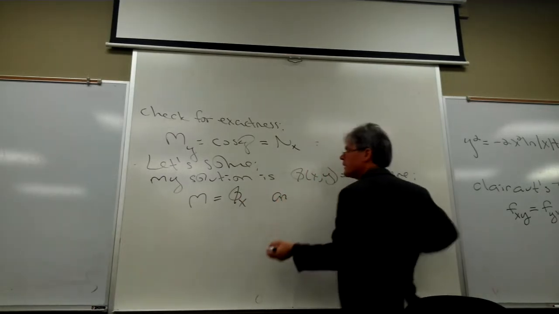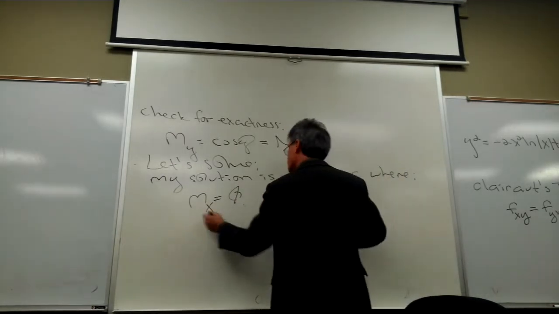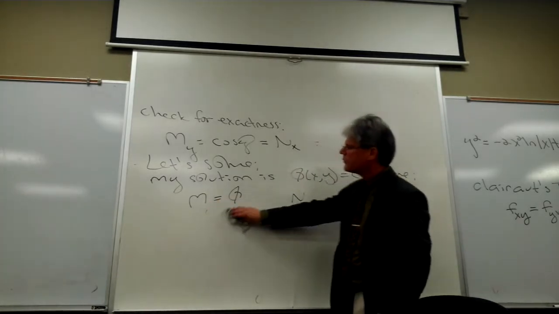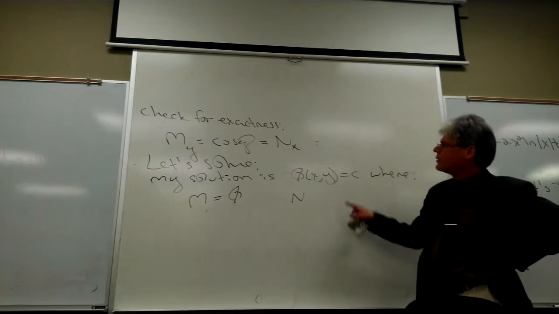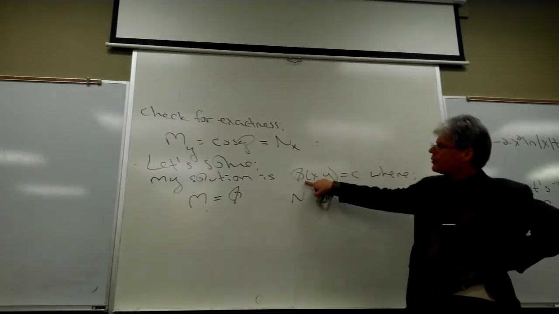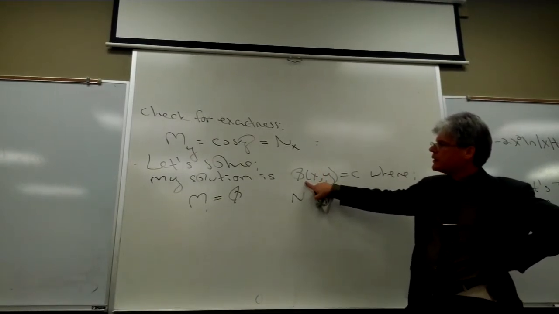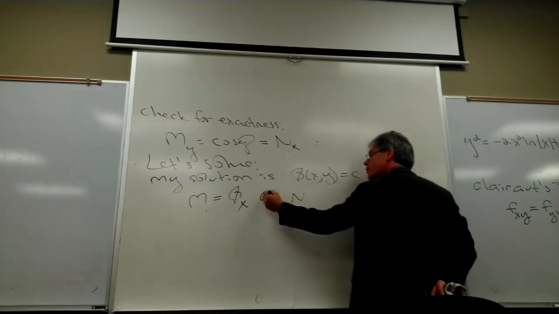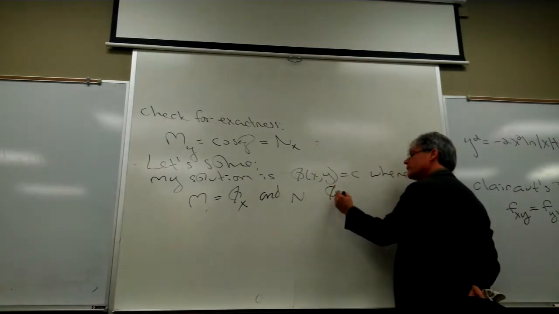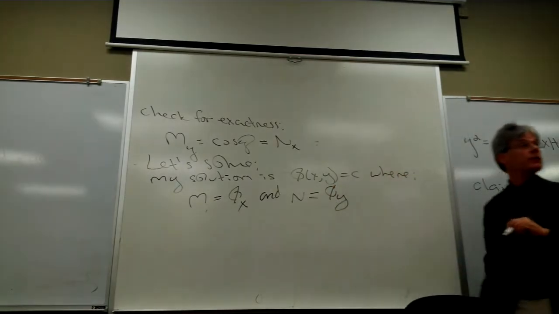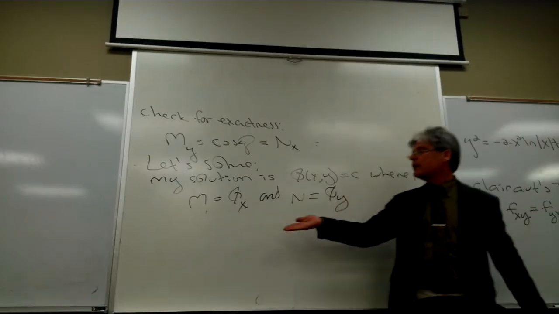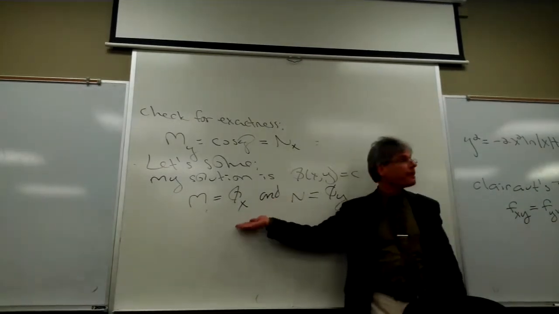And when you take a peek at the N, I've got a solution of this form right here, whose partial with respect to x is equal to M, and whose partial with respect to y is equal to my N. But I really want the solution phi, so how do I generate my solution phi from here?